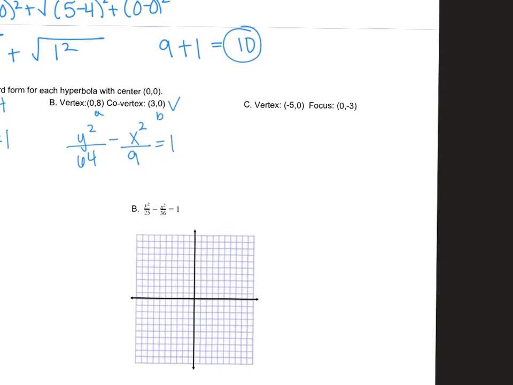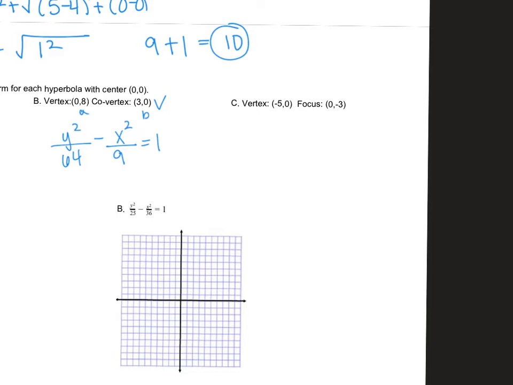Alright, for C, my vertex is at (5, 0), so again, this is going to be a horizontal. Alright, so this should be a negative 8. Let's go ahead and fix that. So the focus is at (0, negative 8). So I'm going to go ahead and find it. c squared equals a squared plus b squared.